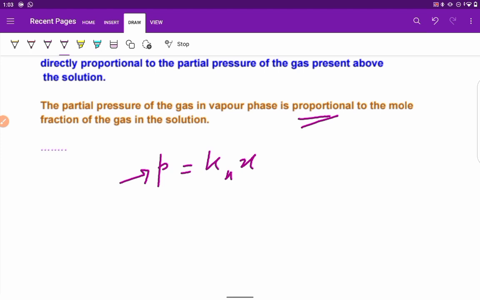Different gases will have different KH values at the same temperature, so we can say that KH is a function of the nature of the gas.